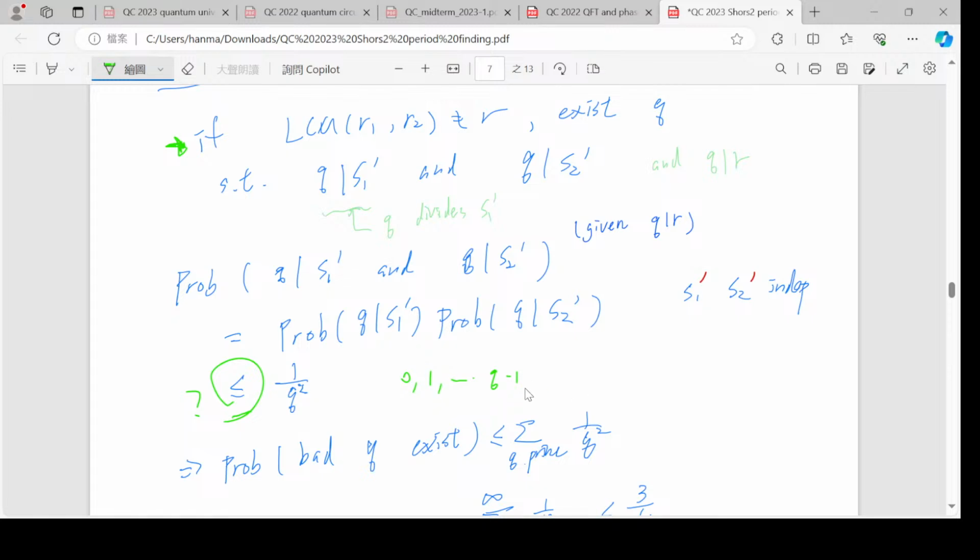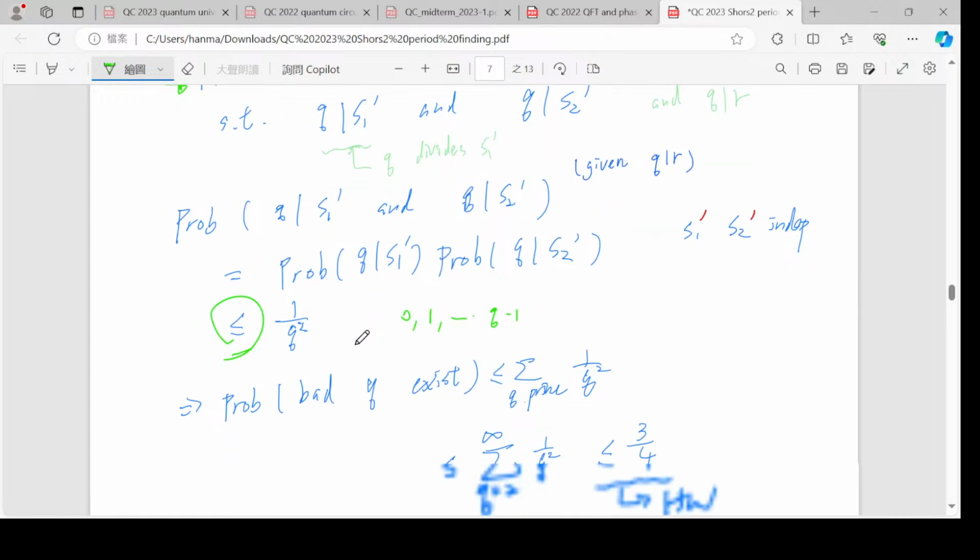You have a uniform number, then when you divide by Q, the remainder is also about uniform. So it's about 1 over Q probability to get this 0 remainder. So it's 1 over Q probability for each, and you multiply both, then it's 1 over Q squared probability.